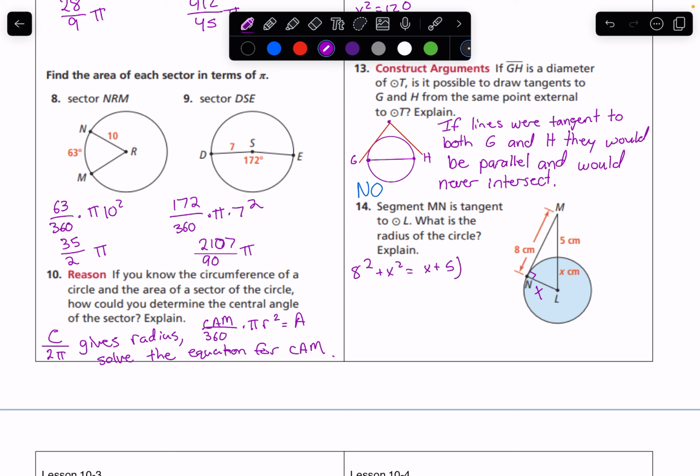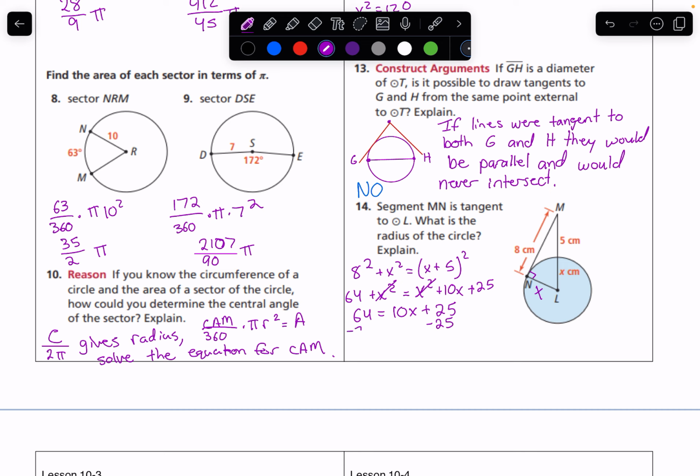So that's going to be 64 plus x squared. We need to use the FOIL method, or distributive property, for x plus 5 squared. That'll give us x squared plus 10x plus 25. Then I'll cancel x squared from both sides, or subtract x squared from both sides. So 64 equals 10x plus 25. Subtract 25.